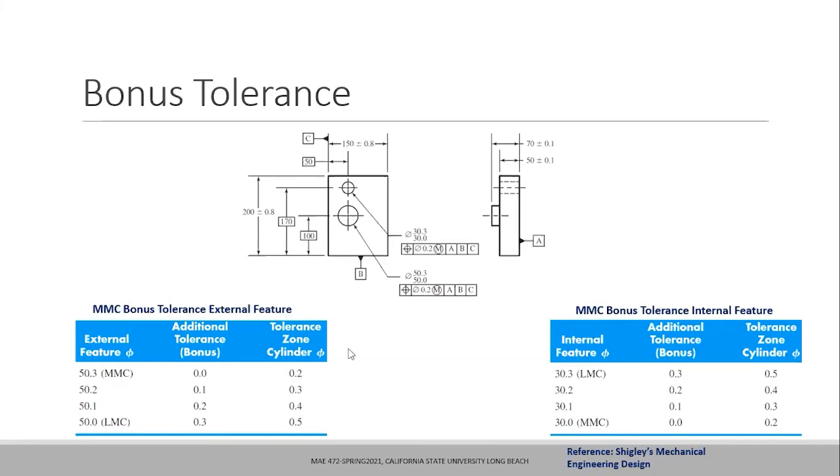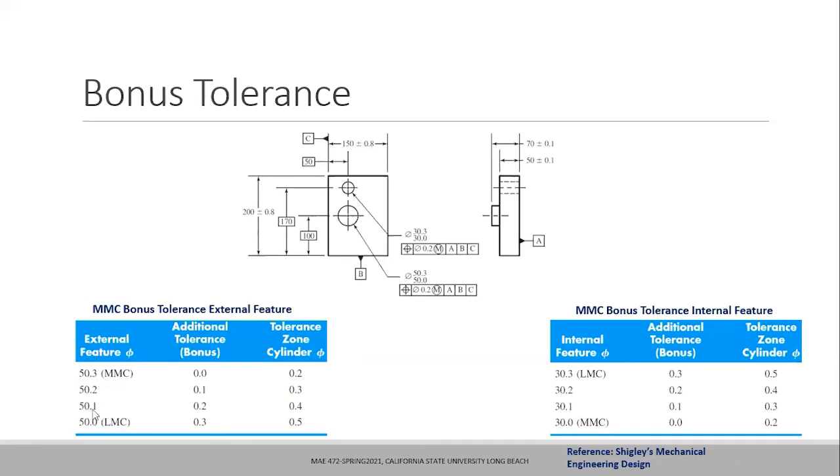But if I fabricate my part at 50.2, then I have 0.1 millimeter as an additional tolerance that gets added to my tolerance zone. So this 0.1, which is an offset from my MMC, is added to the tolerance zone, and the tolerance zone becomes 0.3 millimeters.